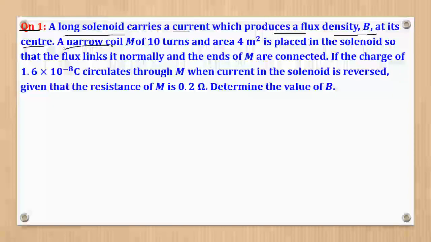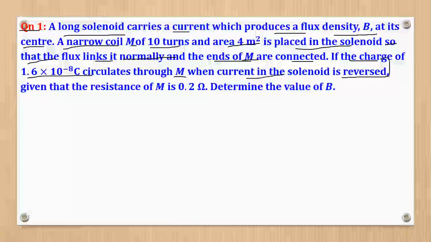A narrow coil M of 10 turns and area 4 meters squared is placed in the solenoid so that the flux links it normally, and the ends of M are connected. If the charge of this circulates through M when the current in the solenoid is reversed.